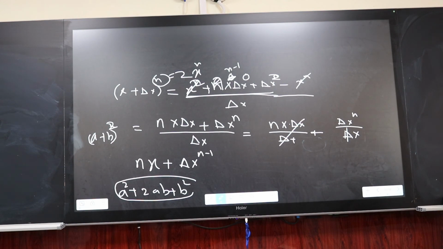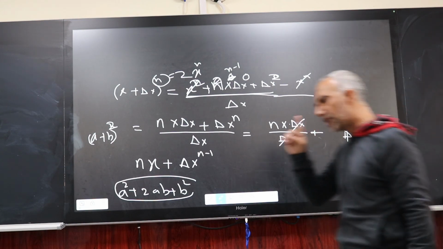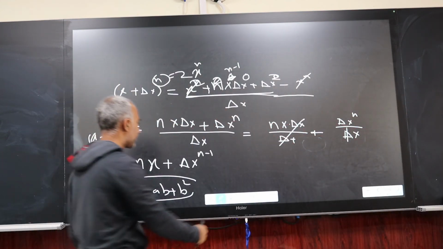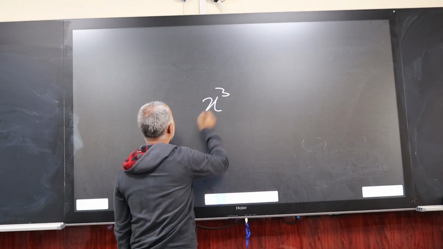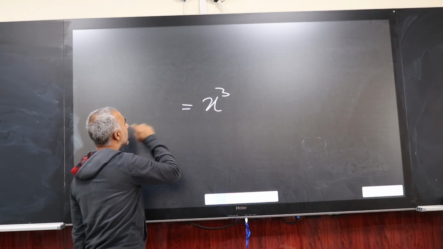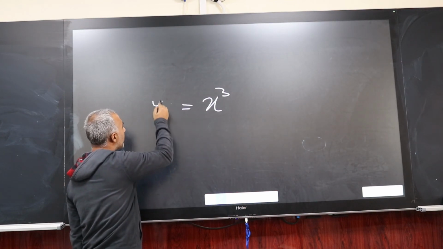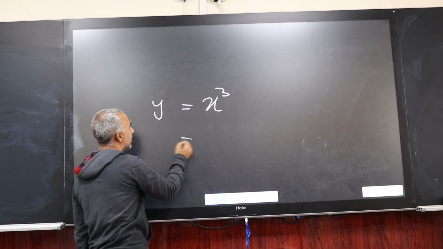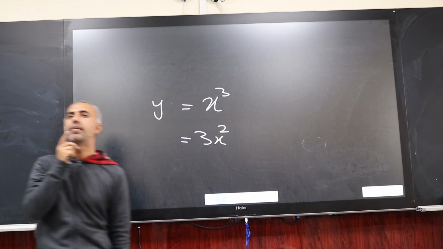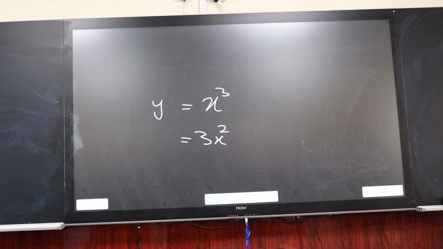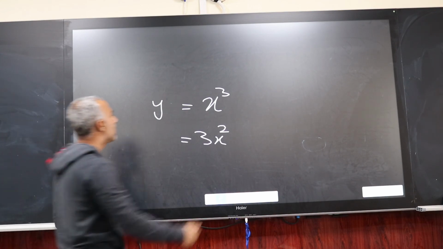Okay, question please. One last thing. For example, there is x cubed and you want the derivative of this. What should be the derivative? 3x square. I need your kind attention. x cube means what? Volume.